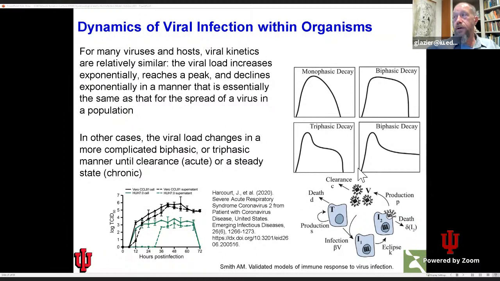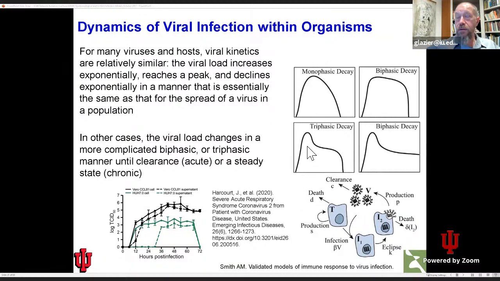And there also are viruses where it goes up rapidly, goes down, and then stays at some non-zero level for a long time or maybe forever. An example of that last one might be herpes or HIV, which your body doesn't clear entirely.